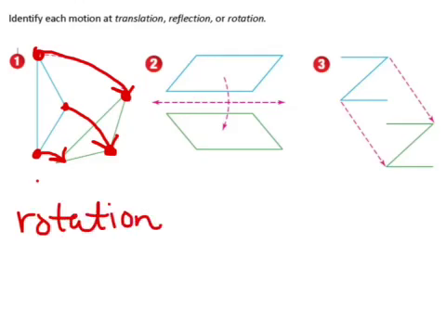Example two, again by definition, we have a geometric figure given by this blue quadrilateral, and it's being flipped about this dashed line. Based on that, this type of movement is called a reflection.